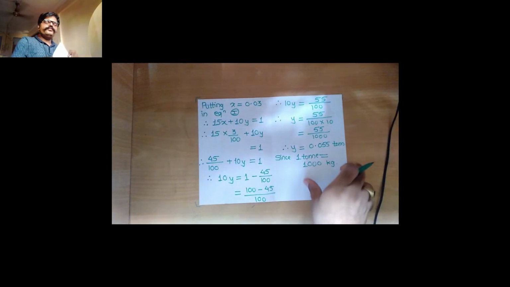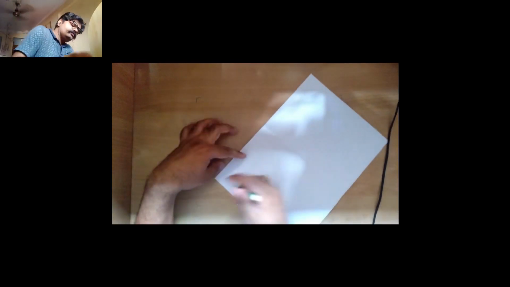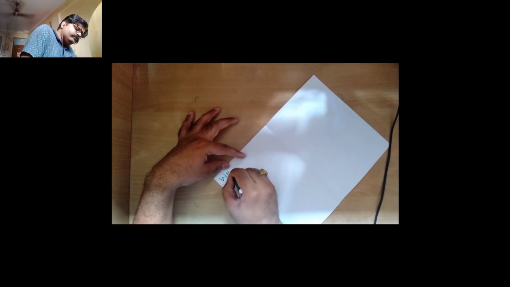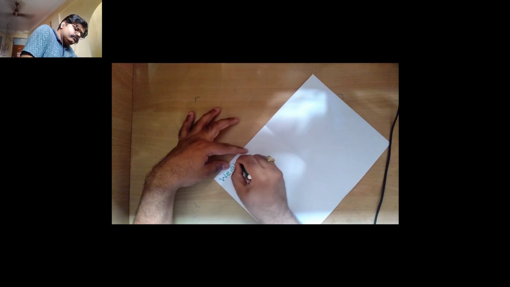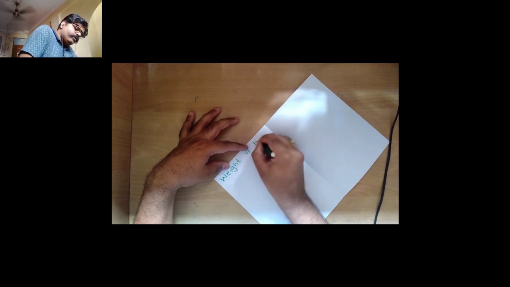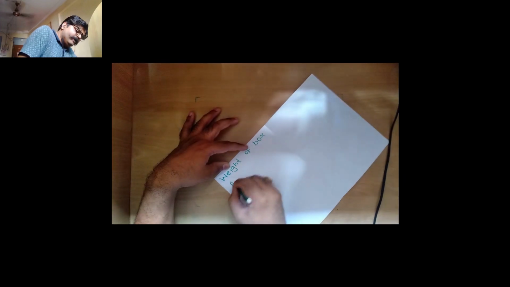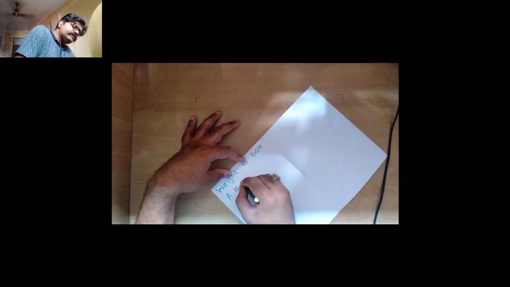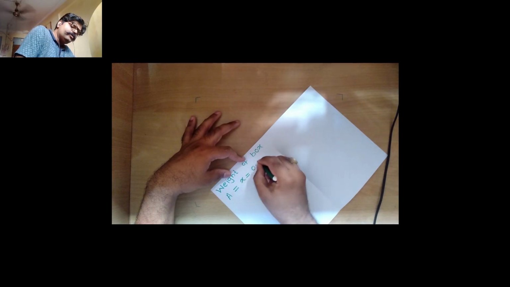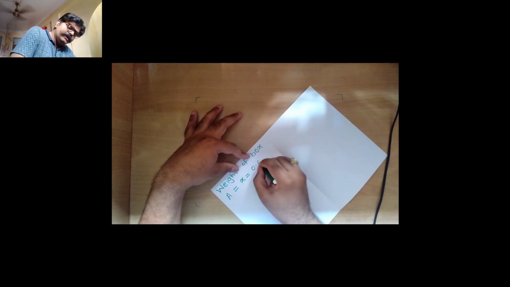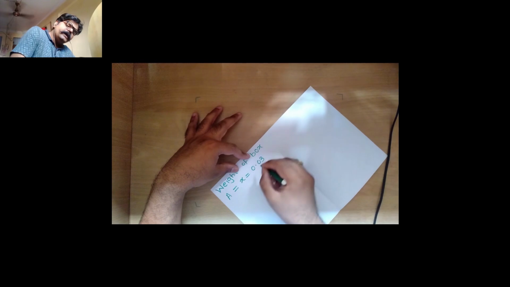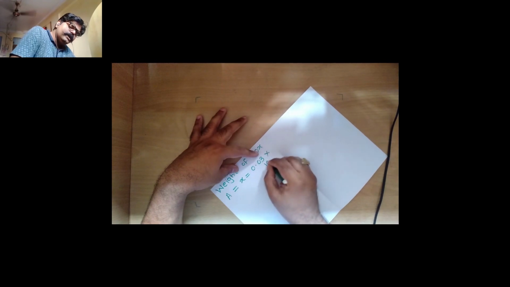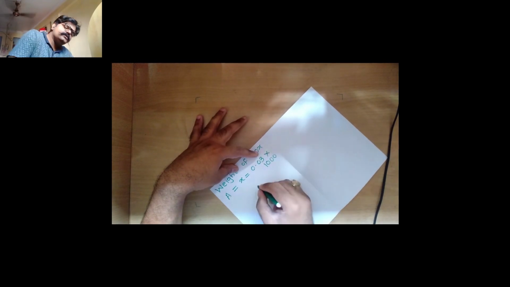Therefore, the weight of box A, how much is that weight going to be? We had received the answer x is equal to 0.03 tons multiplied by 1000. Why exactly is this 1000 there?